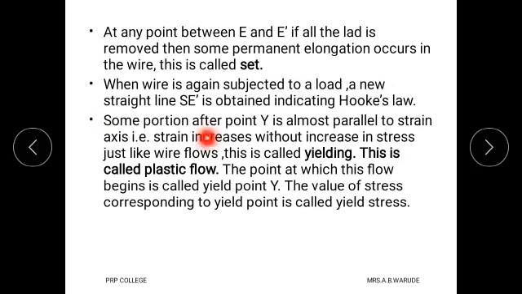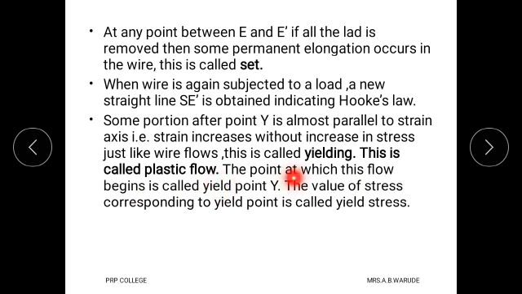And some portion after point Y is almost parallel to the strain axis. That means strain increases without an increase in stress, and the wire just flows. This is called yielding, or plastic flow.